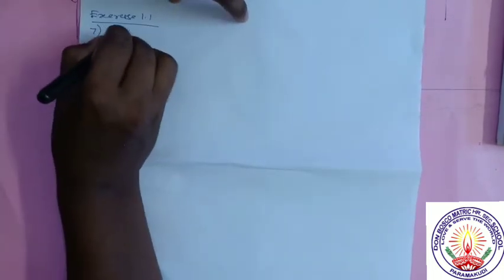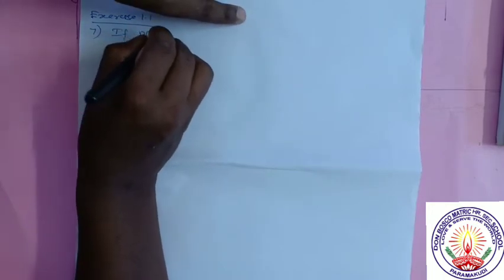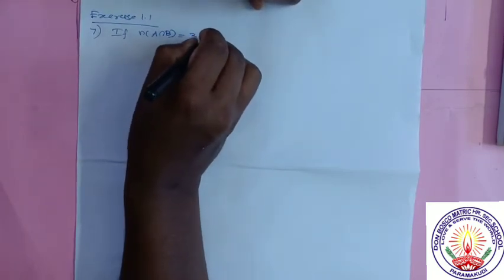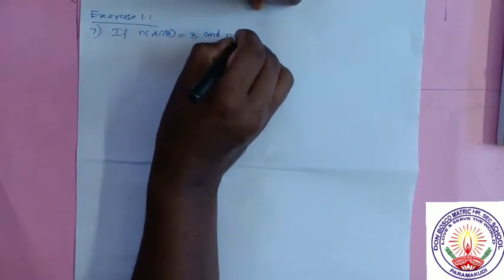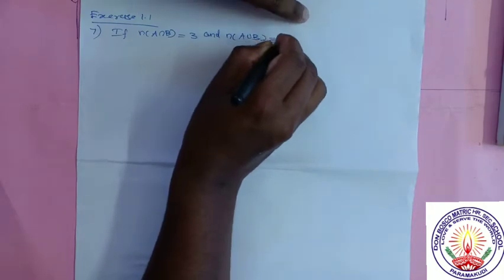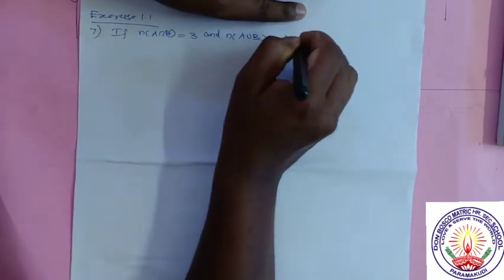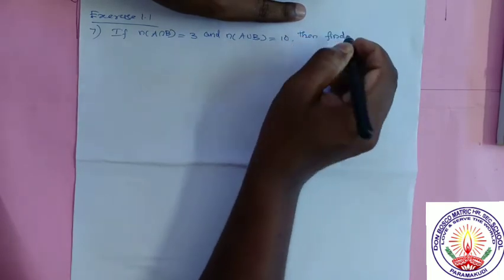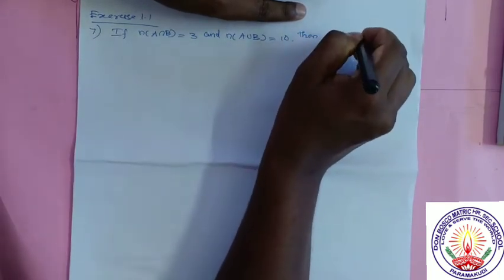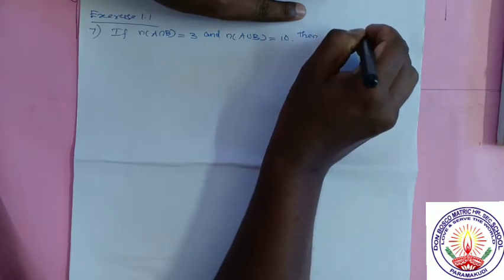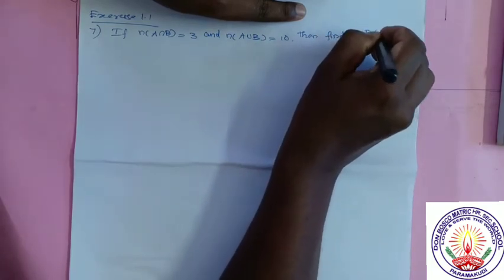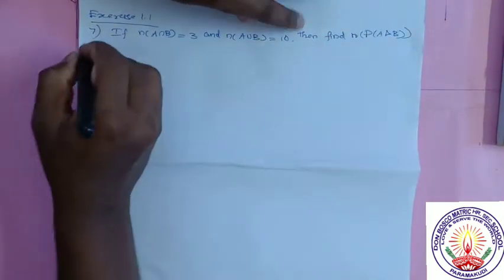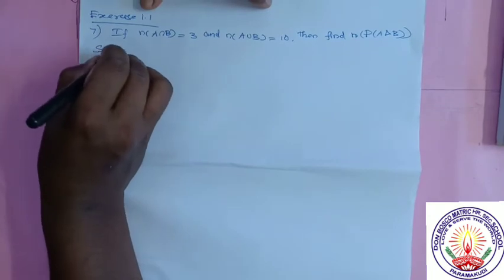If n of A intersection B is equal to 3 and n of A union B is equal to 10, find n of P of A symmetric difference B. So let us solve this question.